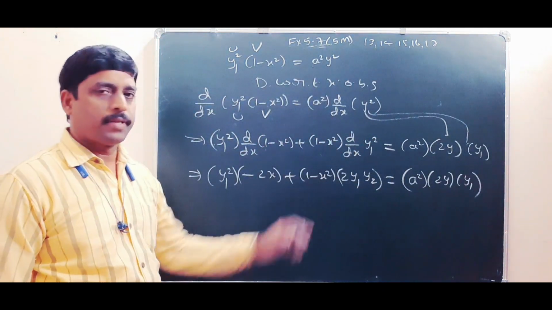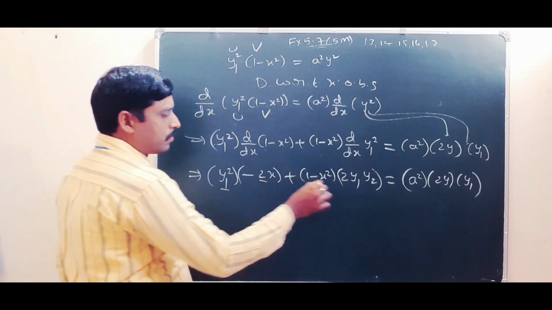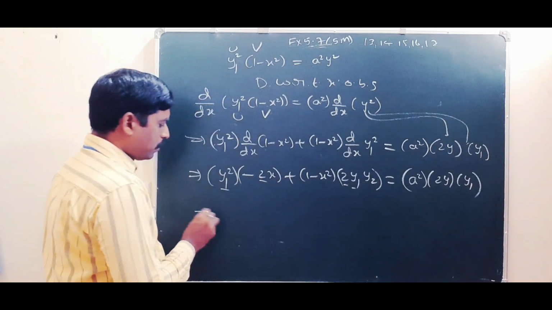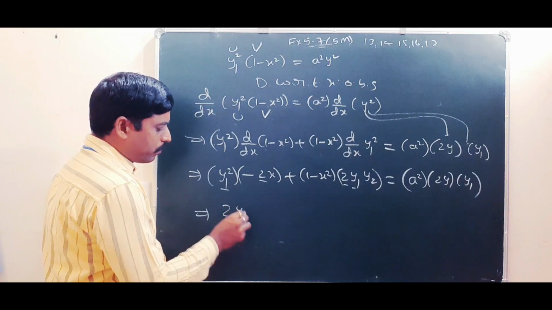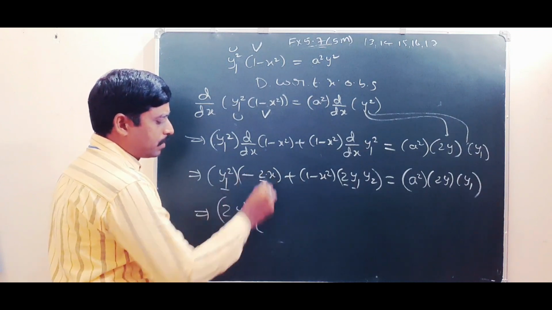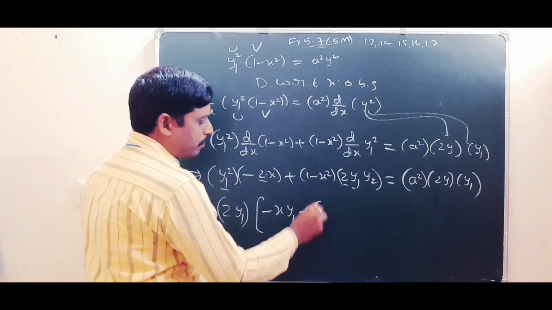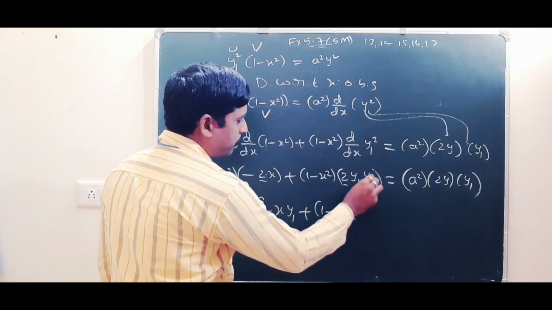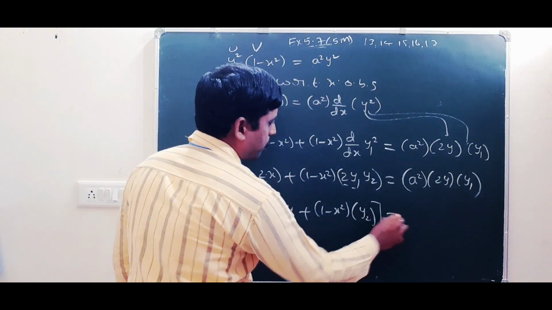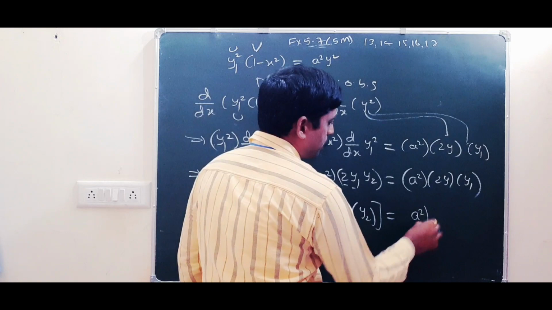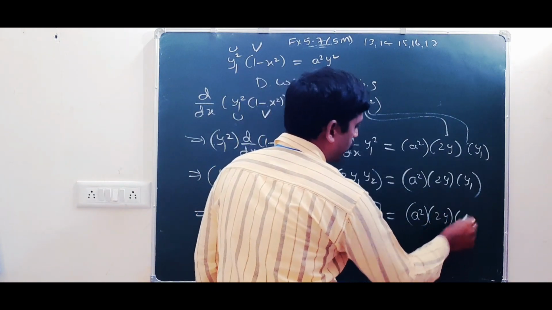Okay, on the left side take 2y1 common. It is going to be 2y1 into minus xy1 plus 1 minus x square into y2. It is going to be a square into 2y y1.